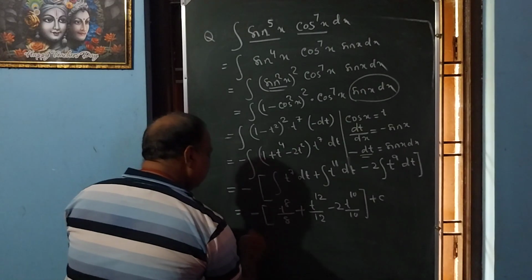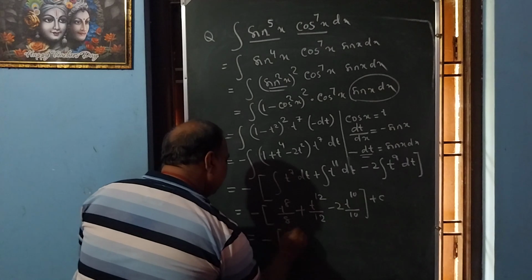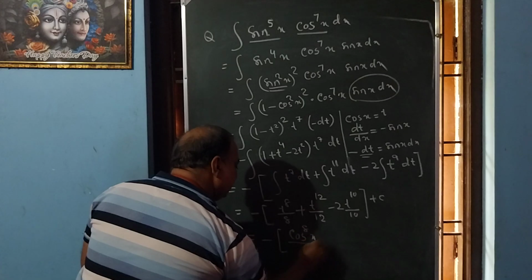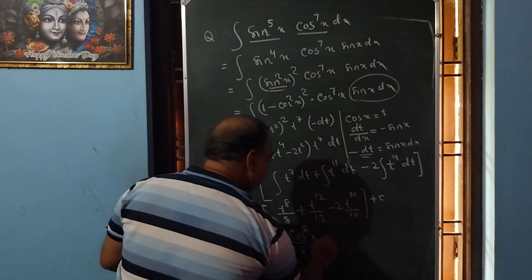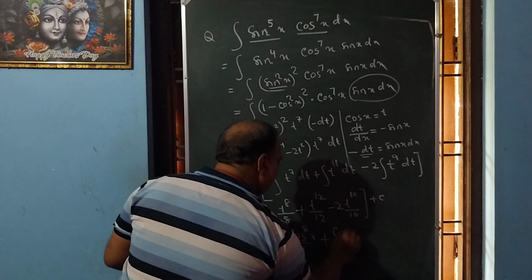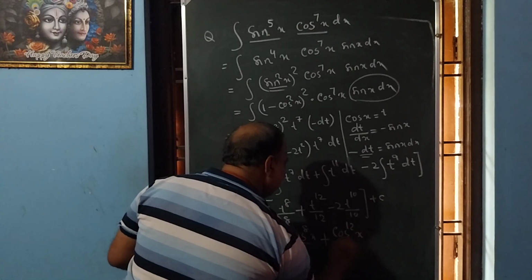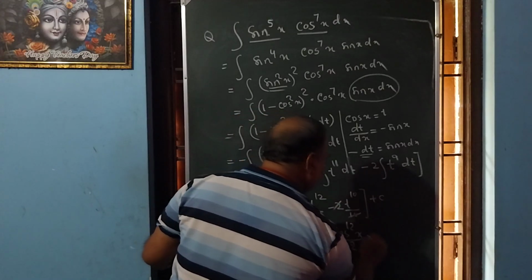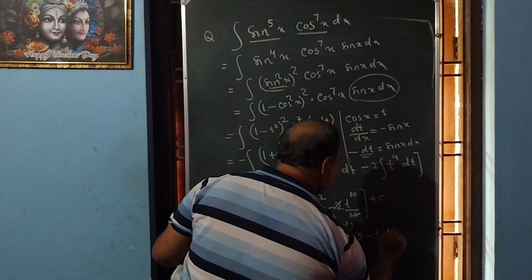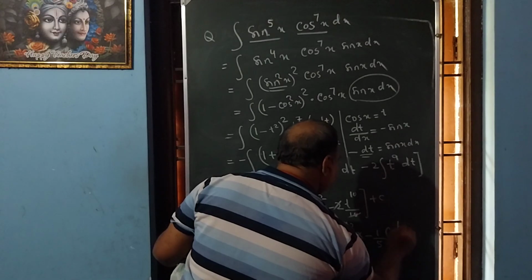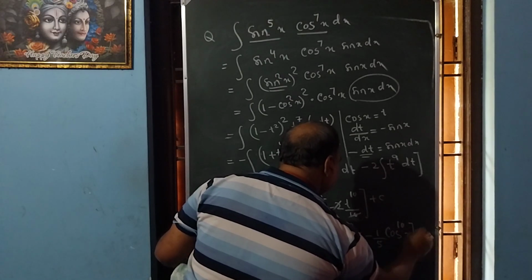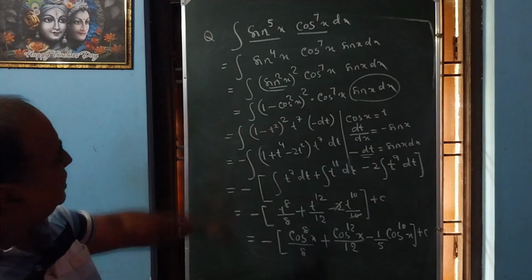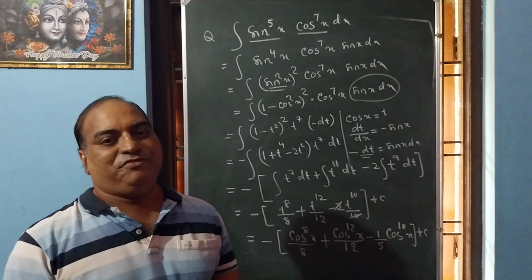So write down minus, it is cos⁸x by 8 plus cos¹²x by 12 minus, 2 and 10 cancel, that is 1 by 5 cos¹⁰x, plus c. Okay? So see here, this is the answer of this problem.